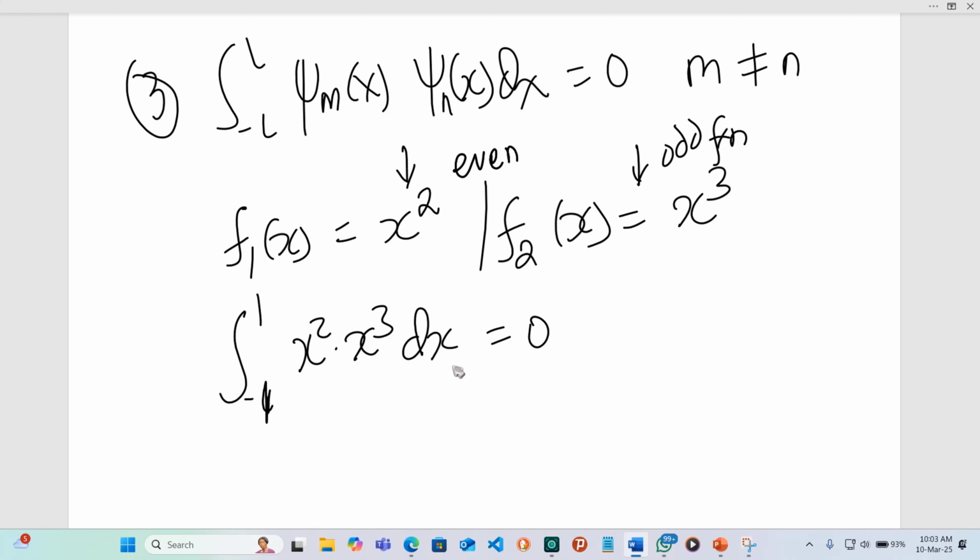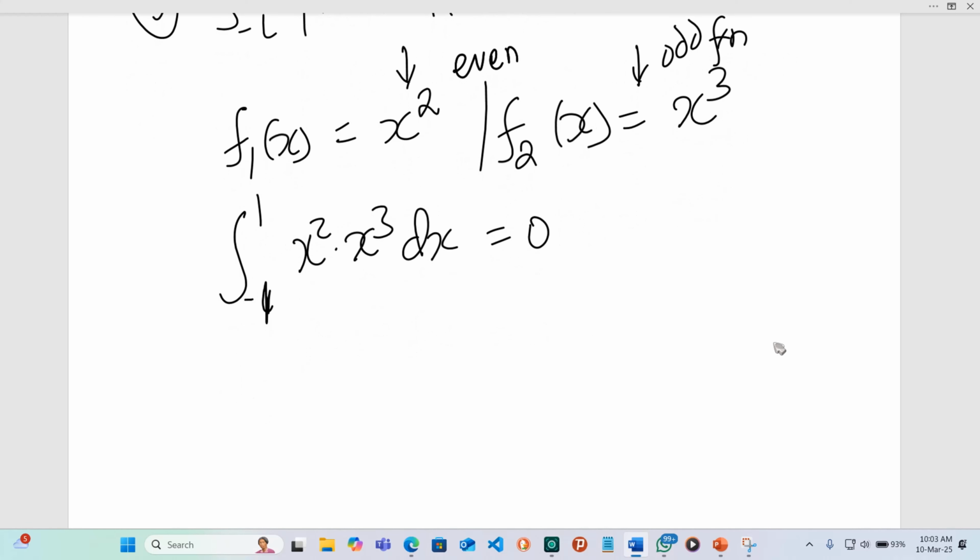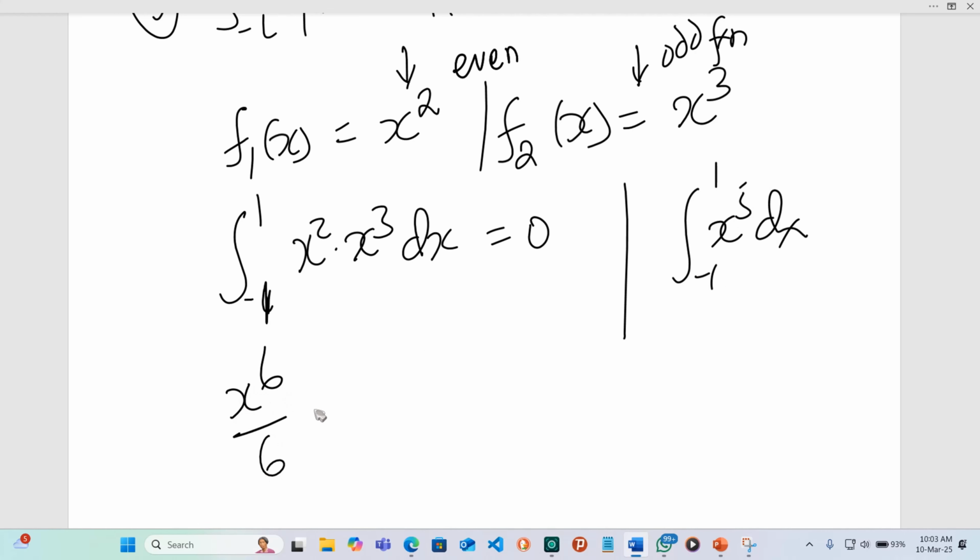So even function and odd function are orthogonal to each other, and this is going to equal 0. For example, let's do the integration here. This is integrating x to the power 5 with respect to x from negative 1 to 1. So this is x to the power 6 over 6 from negative 1 to 1.